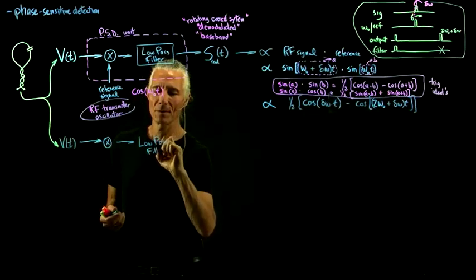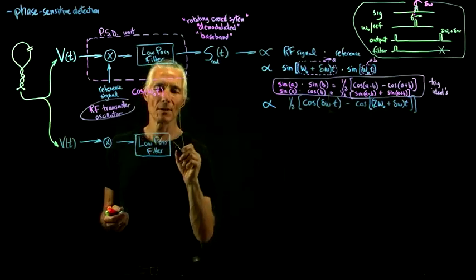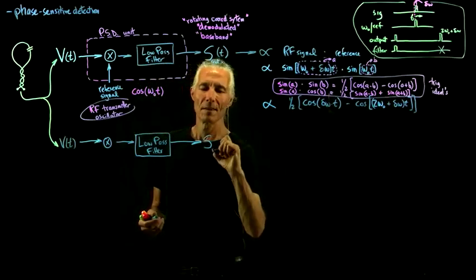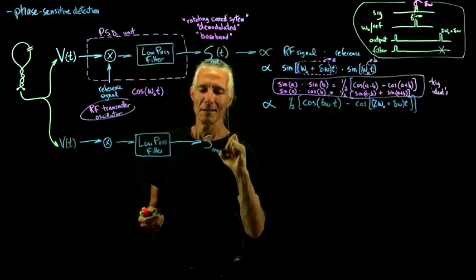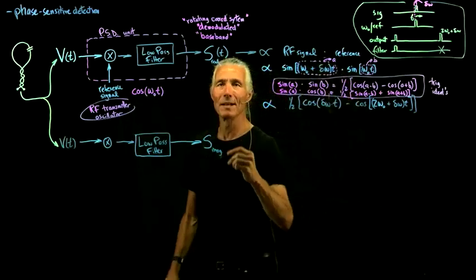And that one will be filtered out also. The high frequency part will be filtered out. And out of that, we'll get our imaginary signal. Now, it's not imaginary. It's a real signal, just as real as the other one.